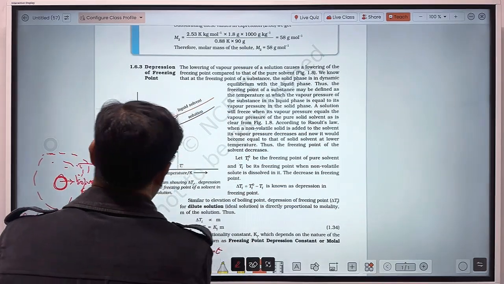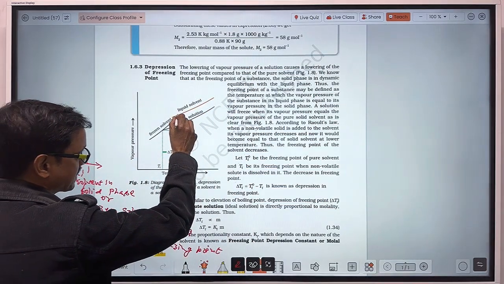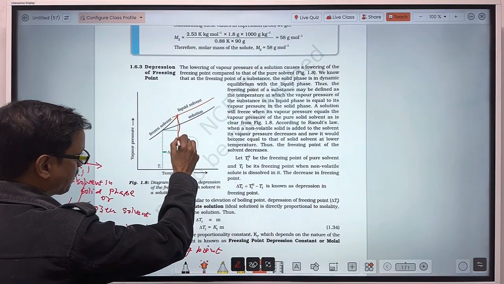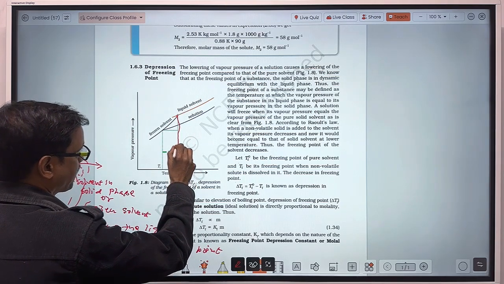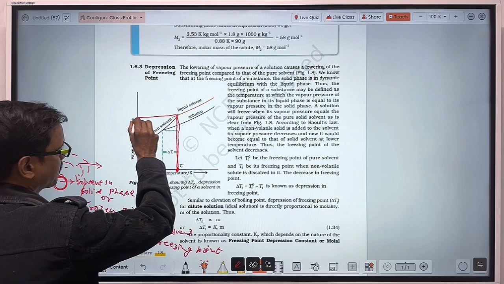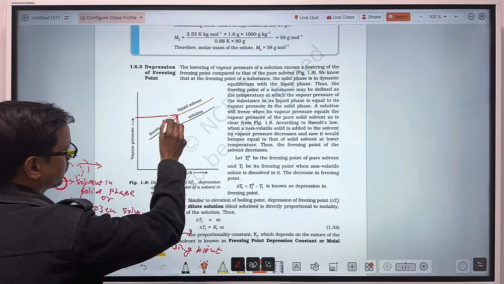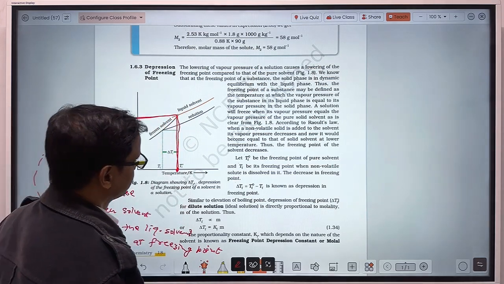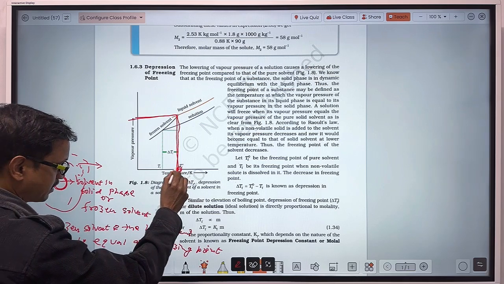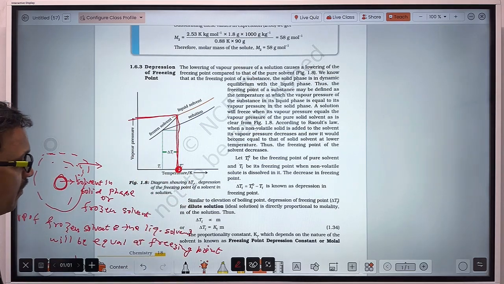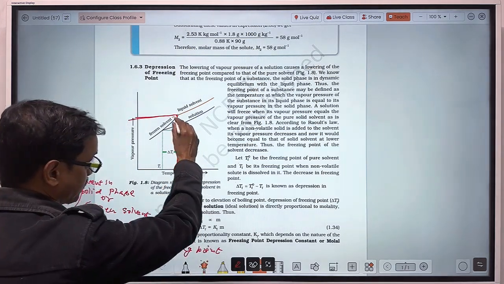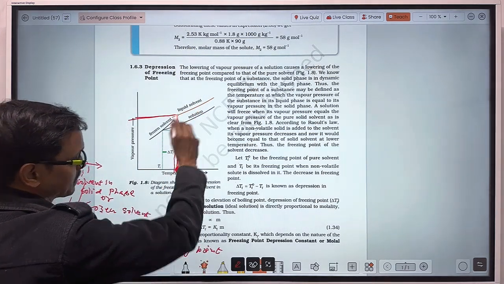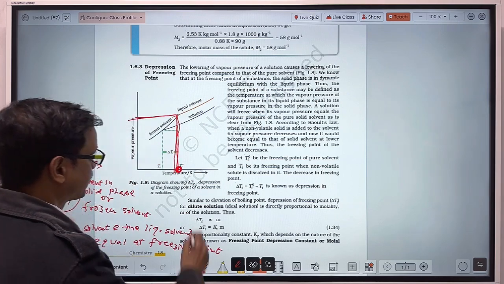So at this temperature, the vapor pressure of this liquid solvent will be equal to that of the frozen solvent. So this temperature is the freezing point of the pure solvent.